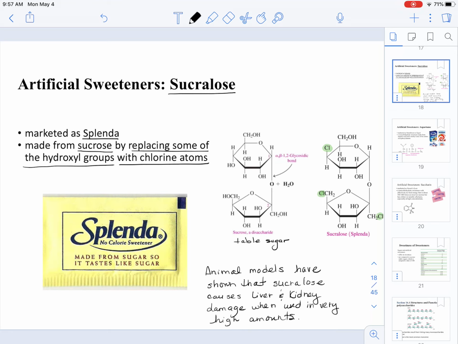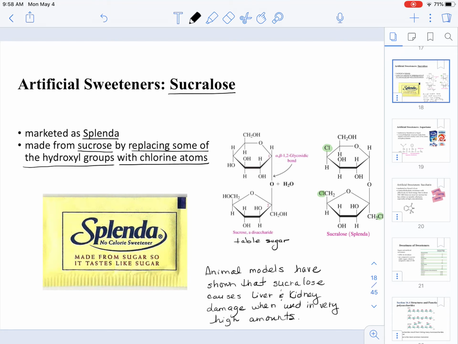Now, this is one of the things that I want to specify. I know that some students will be using these artificial sweeteners. I'm not trying to scare you away from using them. I'm just giving you the reality of them, so at least you have educated information on the use of artificial sweeteners.